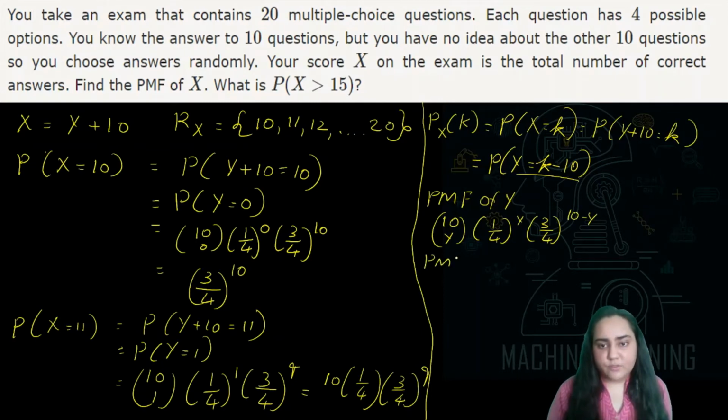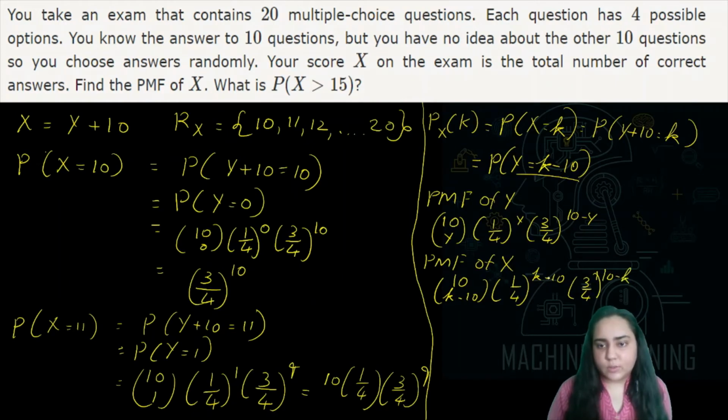So the PMF of x, according to this, is going to be 10c, and instead of y, we just have to put k minus 10, and 1 by 4 raised to, once again, k minus 10, and 3 by 4 raised to, once again, 10 minus k.